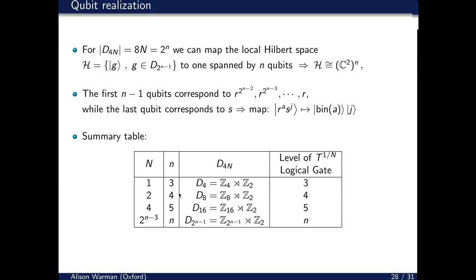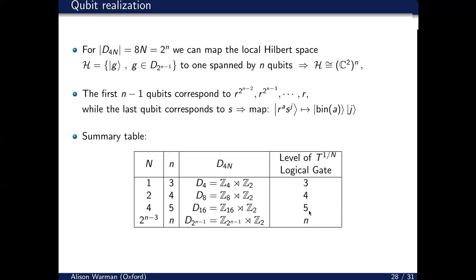And we see here that the number little n of qubits is the same as the level of the logical gate in the Clifford hierarchy. And remember, from Bravyi-König, in 2D using only Pauli stabilizer codes, so just using Z2, if we want to reach level n of the hierarchy, we need to go to n spatial dimensions.